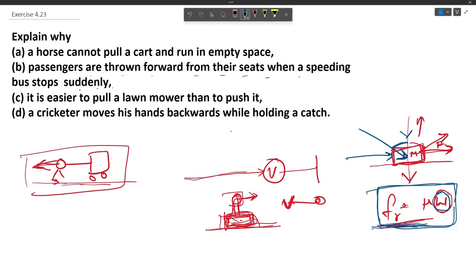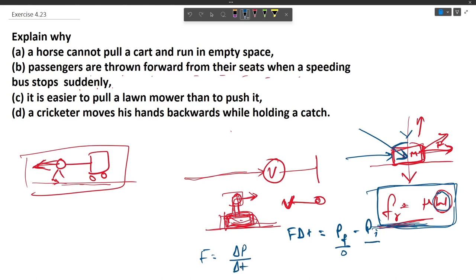Now in the fourth question we have: a cricketer moves his hand backward while holding a catch. Explain why. We know that impulse is given by the change in momentum, final momentum minus initial momentum. Here the final momentum is going to be zero and the initial momentum will have some value, and thus force is given by the change in momentum divided by delta t.